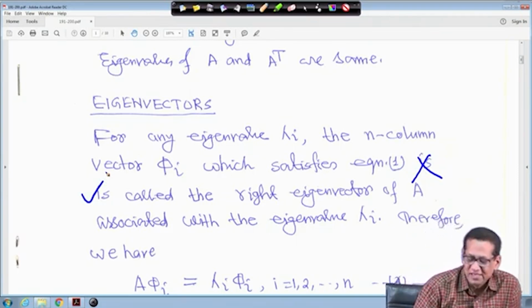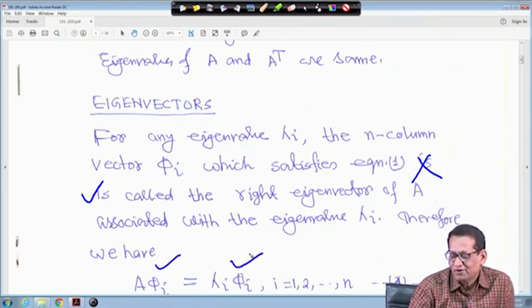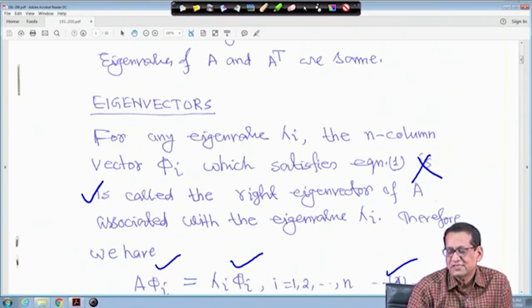Therefore, we have A phi i is equal to lambda i phi i for i equal to 1 to n. This is equation 4.